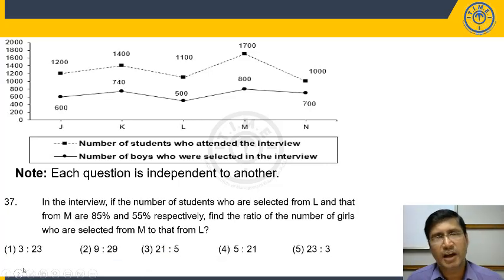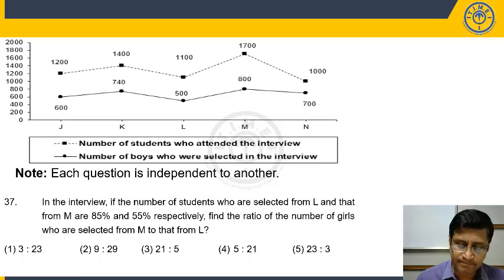Now look at the next example on your screen. Yes, my dear students, hope you are copying all this information. Now, in the interview, the percentage of students selected from L and M is 85% and 55%.